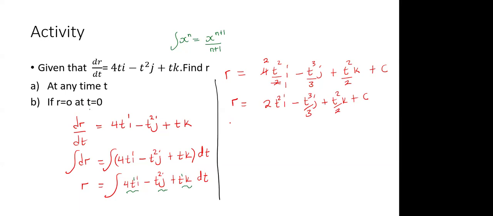Now, in case you want, you can indicate that these are vectors by putting the tilde. So you just put some tilde here to show that these are vectors, something like that. So class, are we together on that?